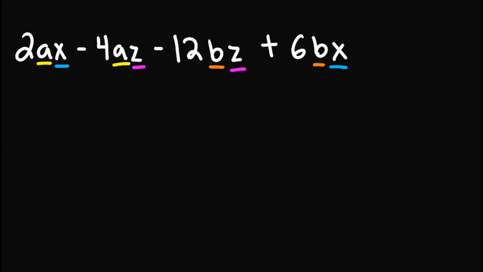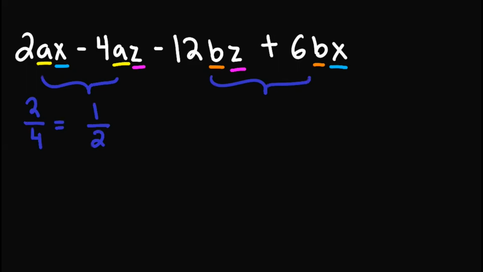Now to determine how we could pair these up, a great way is to check the ratio of the coefficients. So for instance, if we are aiming to pair these two and these two, let's check the ratio of the coefficients. 2 over -4 is equal to -1/2.